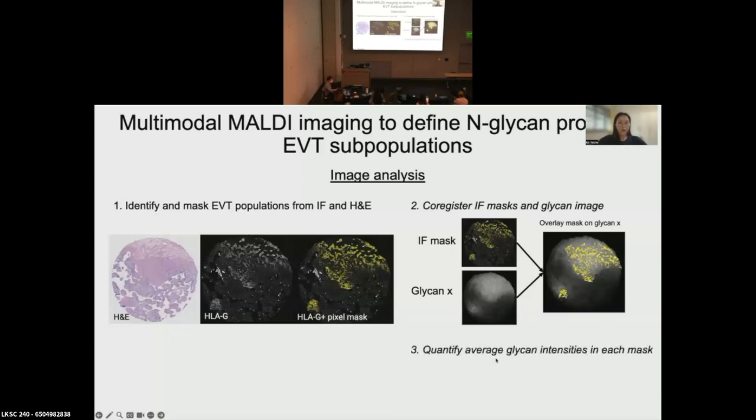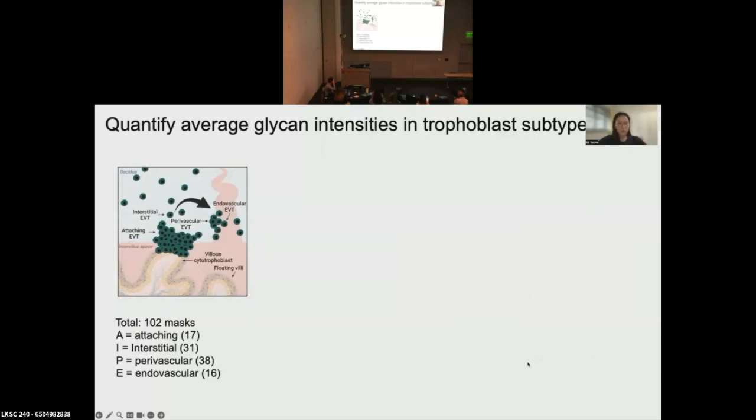For each of the IF masks, we quantified the average glycan intensities. In total, we annotated over 100 masks across the trophoblast subpopulations.